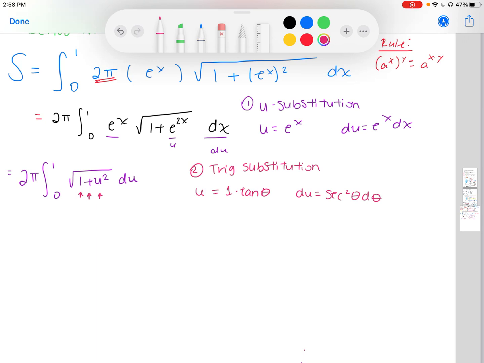Okay, with that substitution, let's go ahead and replace our u with tangent theta. So we have 2 pi integral from 1 to 0. Inside our radical turns into a secant theta, and our du is secant squared theta d theta.